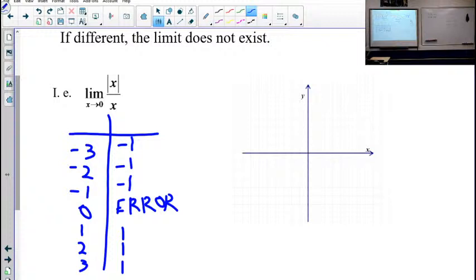So here's what's happening. On the left, let's say this is -1 and this is +1. From the left side, all these values are -1. No matter what I plug in on the negative side, I get -1, -1, but at 0 I get an error. As soon as I hit 0, it doesn't work.